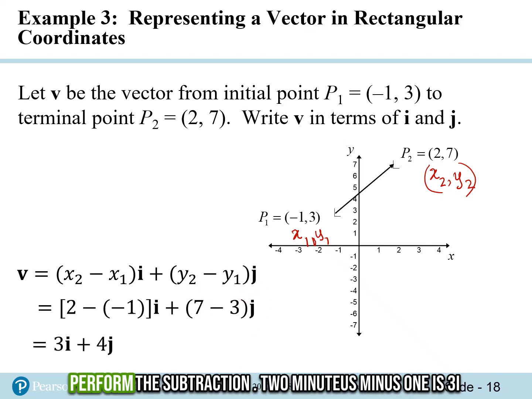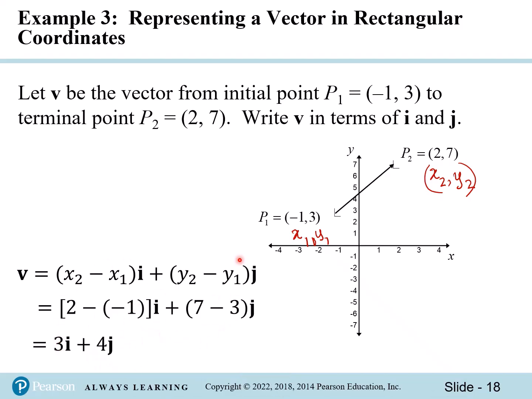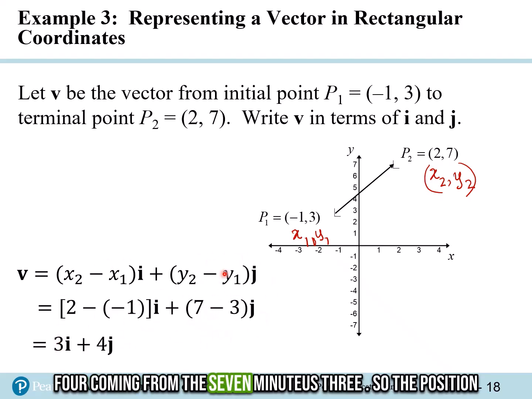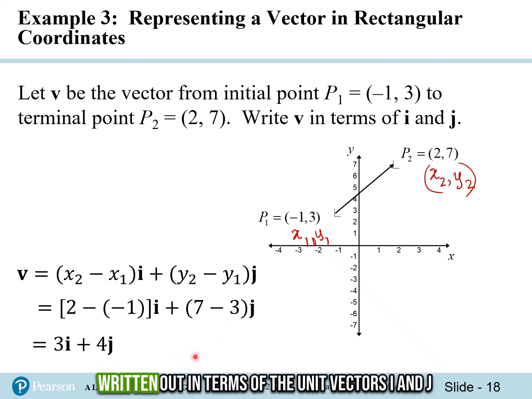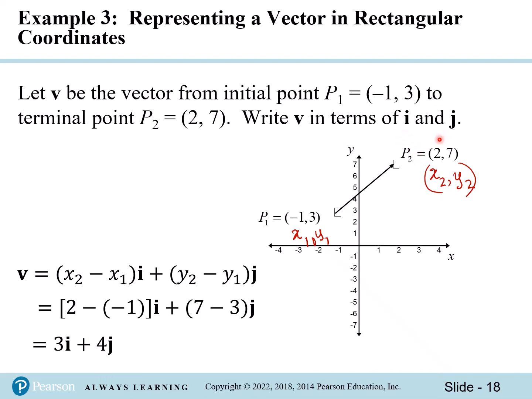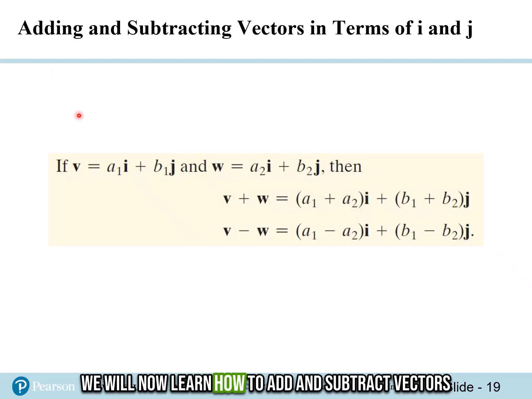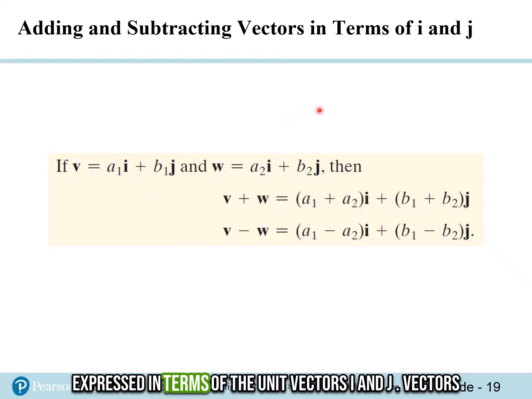And now we perform the subtraction. 2 minus (-1) is 3i plus 4j, 4 coming from the 7 minus 3. So the position vector, the vector written out in terms of the unit vectors i and j, is 3i plus 4j.